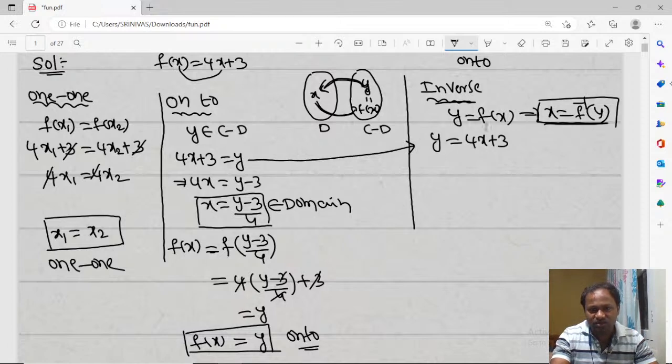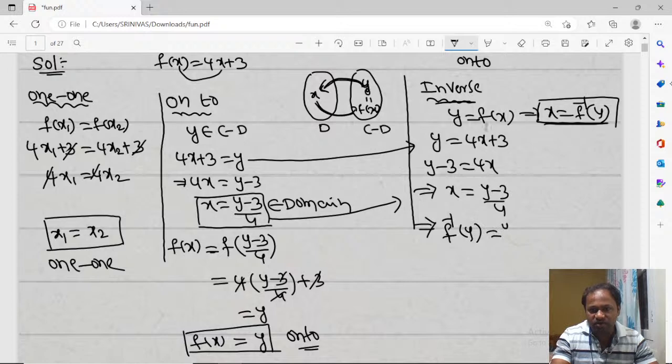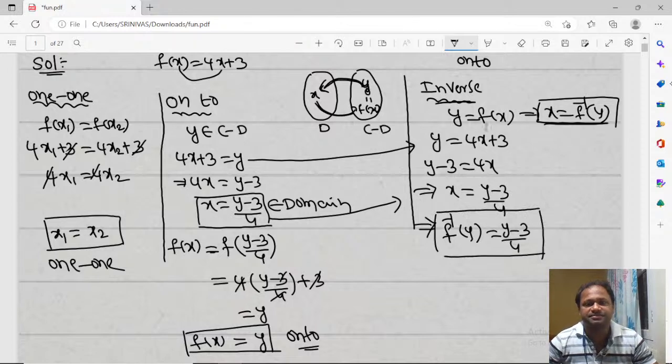Next step is also the same, y minus 3 is equal to 4x. Then x is equal to (y minus 3) by 4. So the x value, f inverse of y, is equal to (y minus 3) by 4. So this will be the required inverse of the function. This is the method to find it.